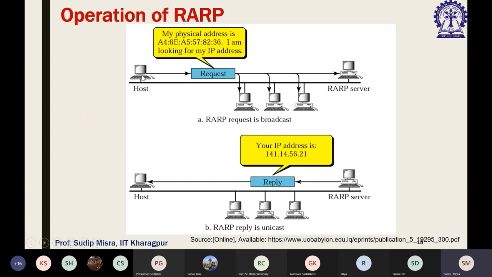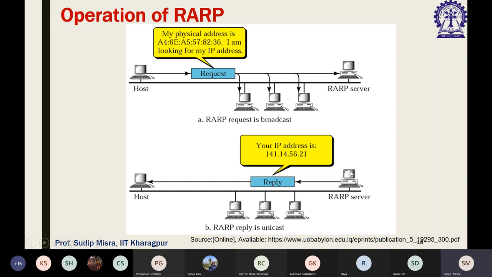So the question is, let us say that you purchase a particular host, a computer, your laptop, right? When it has to connect to the internet, initially it is going to do some search, looking for the IP address. It says my physical address is this, in this format, and now it says I am looking for my IP address. So this request is sent like this.